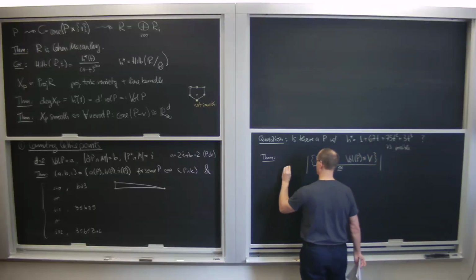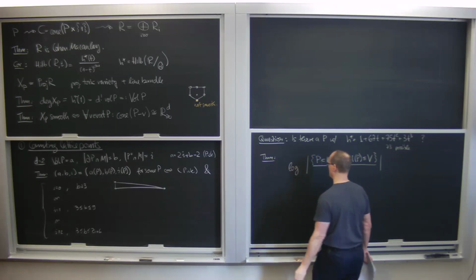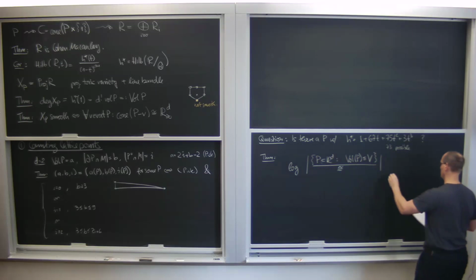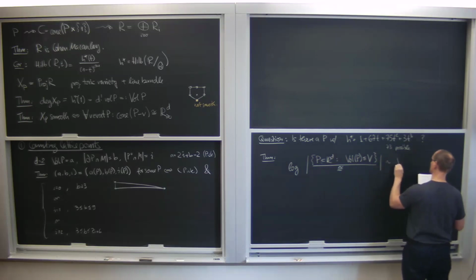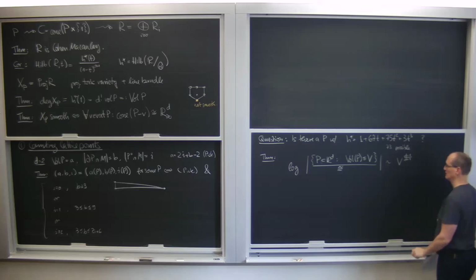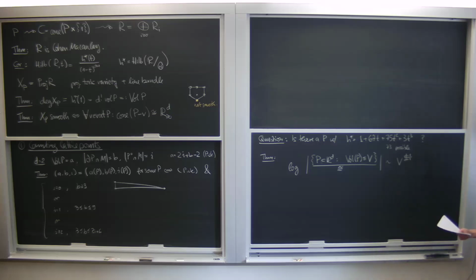Then, theorem, I get a finite set. And if I look at the number of digits of this number, I can tell you how fast it grows. It grows just barely not linearly.